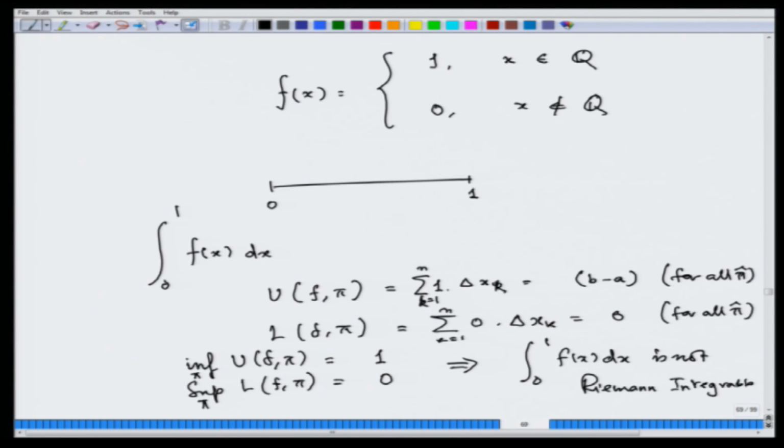I will just mention one or two more properties of Riemann integrability.